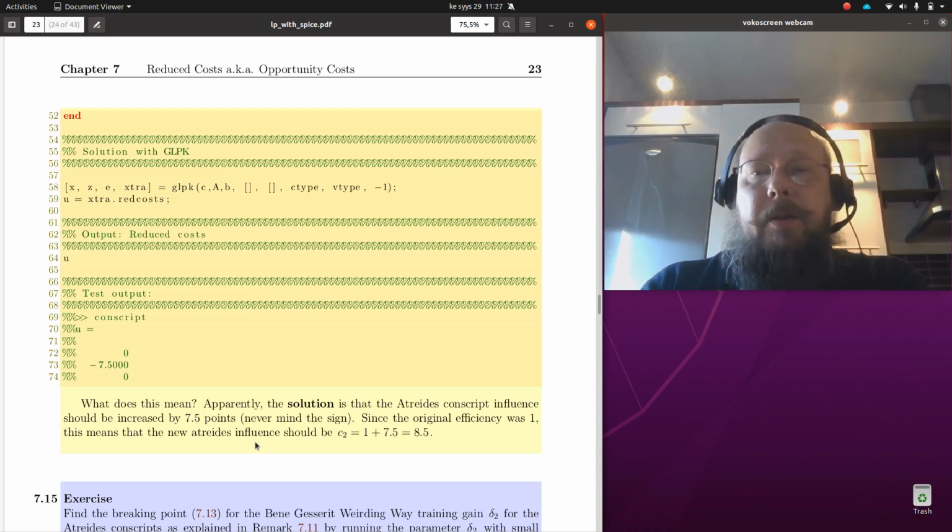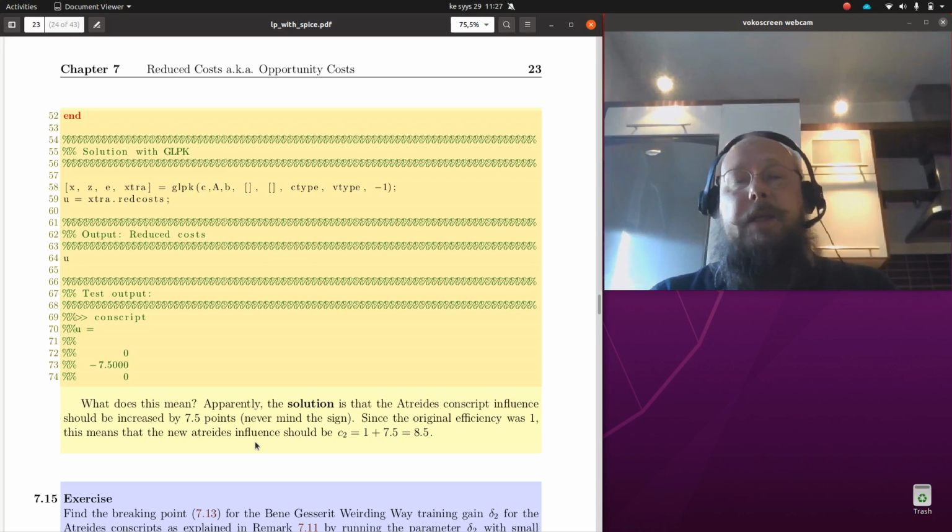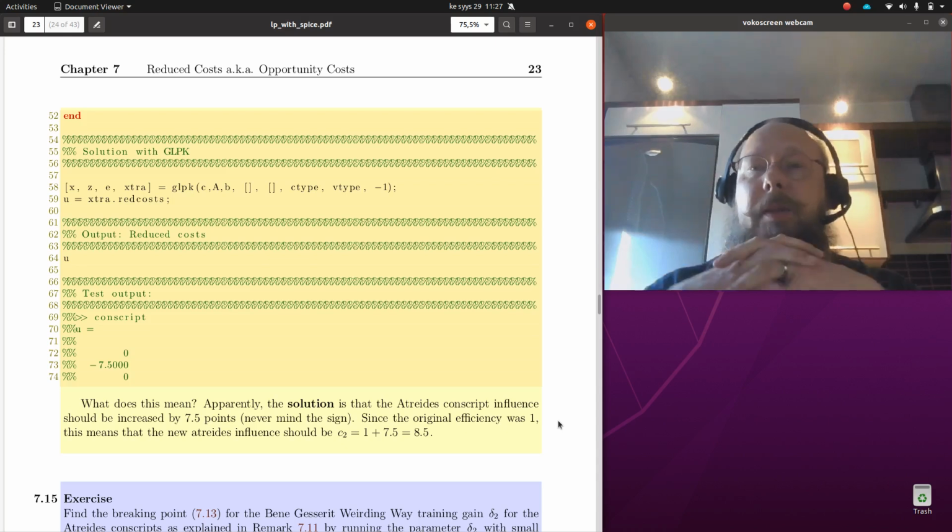If it does not increase that much, only less, then we would not use Atreides conscripts anyway, so there is no point in this context at least to introduce the weirding way fighting technique. And if, on the other hand, it increases the 7.5 points or more, then it would make sense, and so we can start our negotiations with the Bene Gesserit.